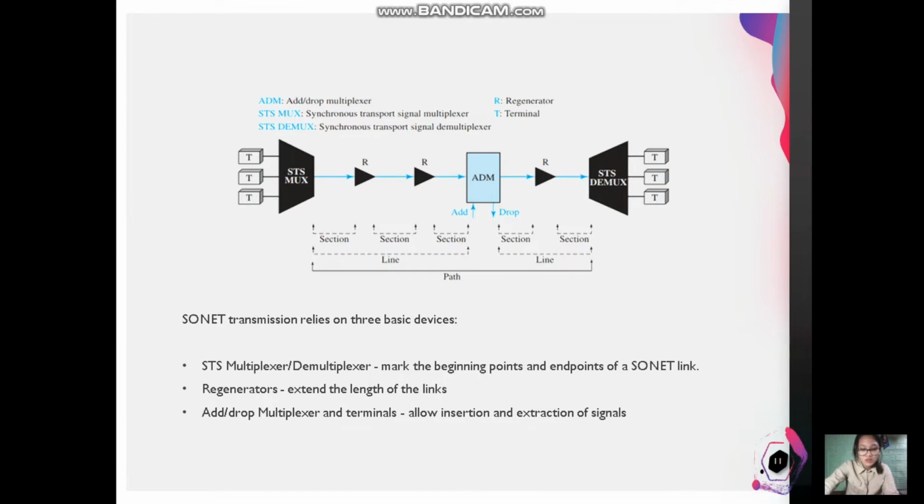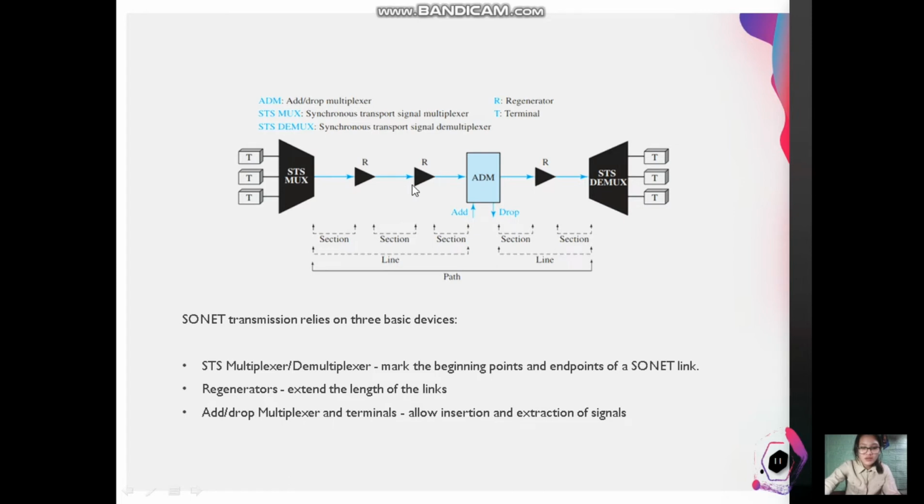Now, in this simple configuration, a number of incoming electronic signals are fed into the STS multiplexer, where they are combined into a single optical signal. The optical signal is transmitted to a regenerator, where it is recreated without the noise it has picked up in transit.